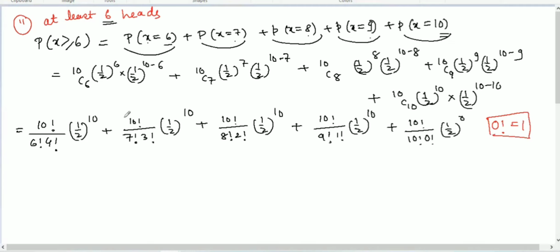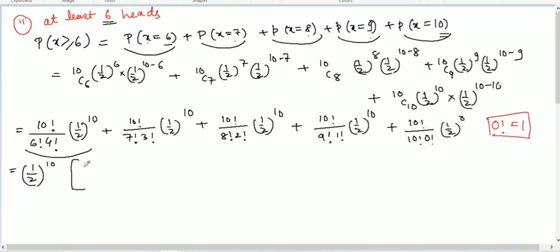Now we will solve it here. You can see that in all the terms half to the power 10 is there, so we will take half to the power 10 common so that there is no need to do the calculation each and every time. For the 10 factorial calculations, I explained in my first question, so do follow that.